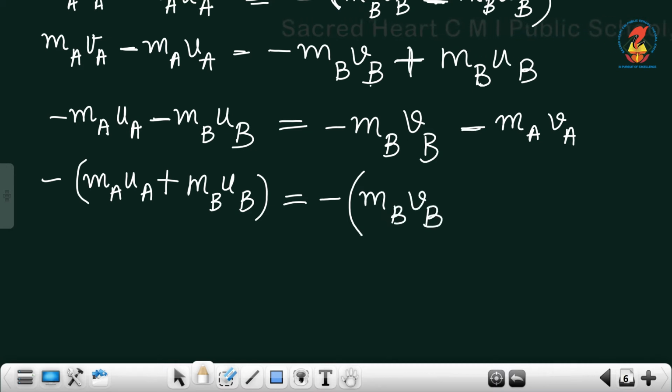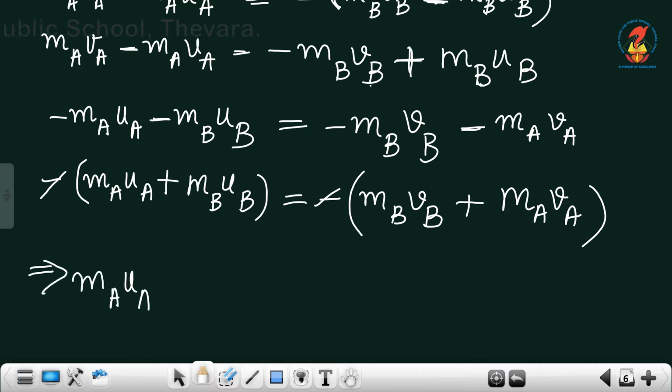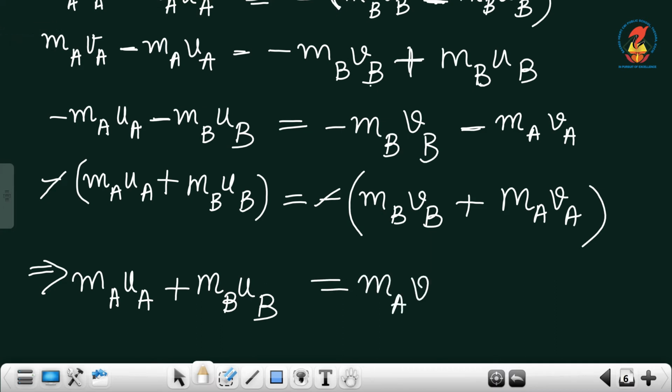I took minus outside, so it becomes plus MAVA. So in both the sides I have minus, so they got cancelled off. So the equation becomes MAUA plus MBUB, which is equal to MAVA plus MBVB.